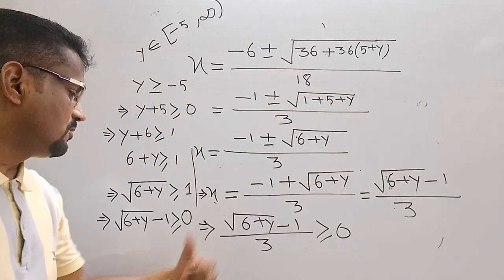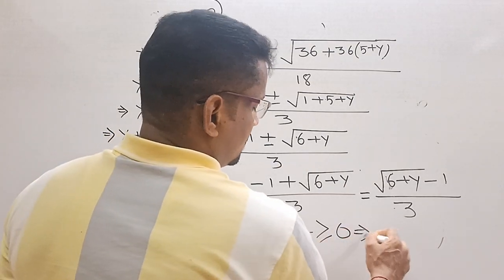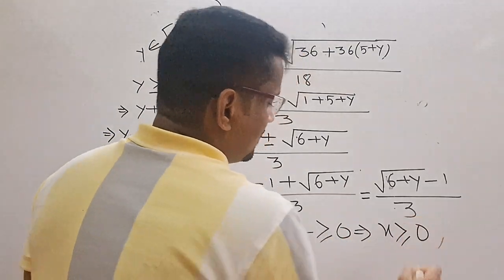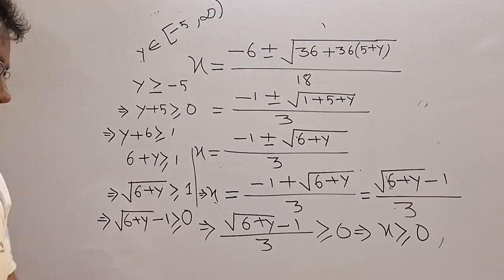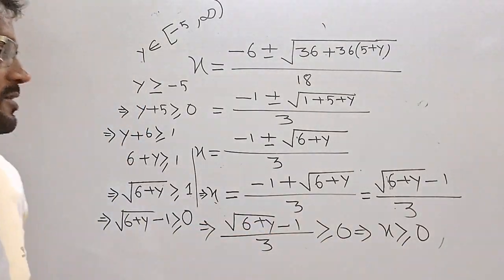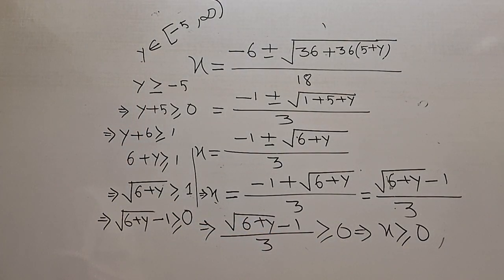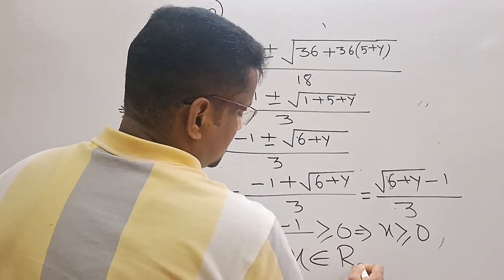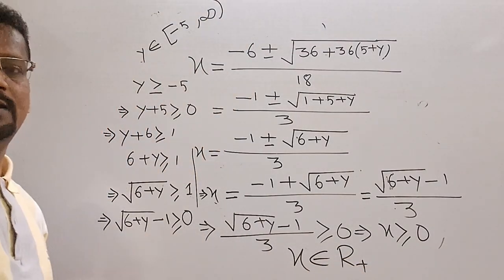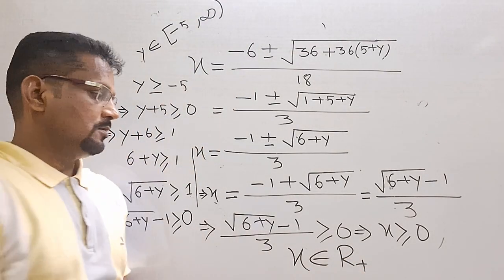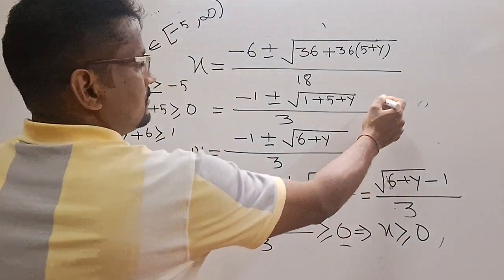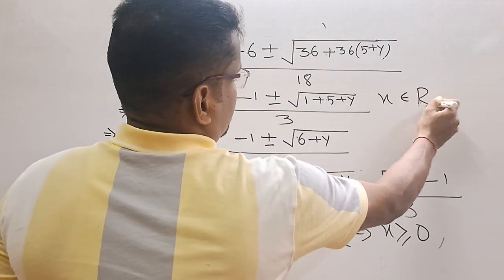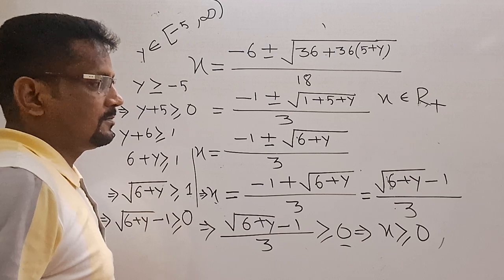And this is nothing but your x. So finally x is greater than or equal to 0. As x is greater than or equal to 0, x is a non-negative real number. So x belongs to the set of non-negative real numbers.